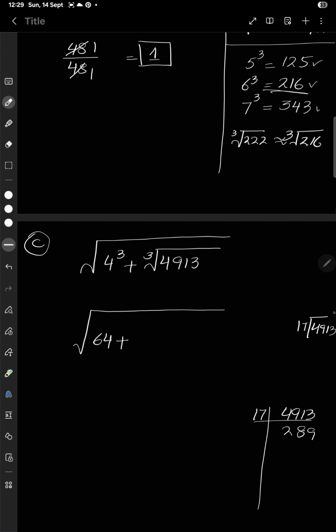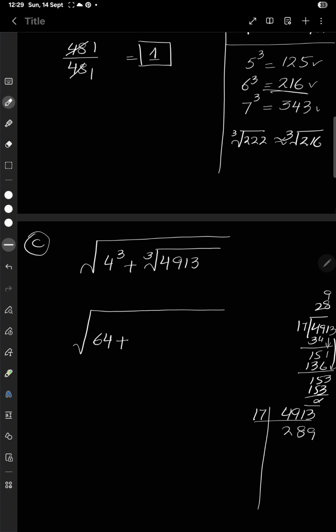4913, 17 2s are 34, and remainder will be 15. This one will come down, and 17 8s are 136. Remainder will be 15, and this 3 will come down, and 17 9s are 153, right?